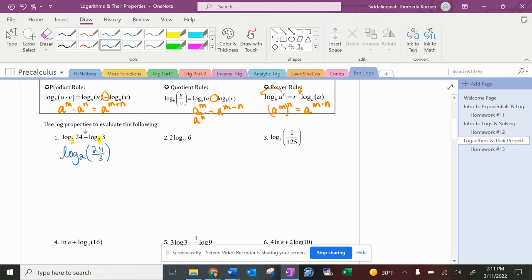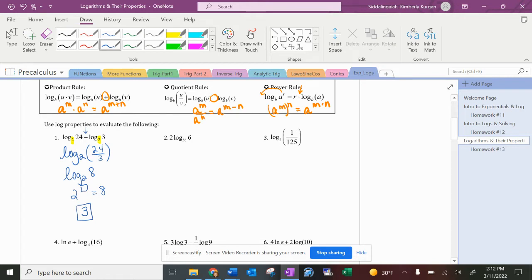It's still a log base 2. And I can do 24 divided by 3. That's just 8. And now this should feel like a problem from last week. This is really saying 2 to what power gives me 8? Well, that's just 3. So what looked really complicated, log base 2 of 24 minus log base 2 of 3, is just 3. You're going to see me doing that for a lot of these just to illustrate the properties.